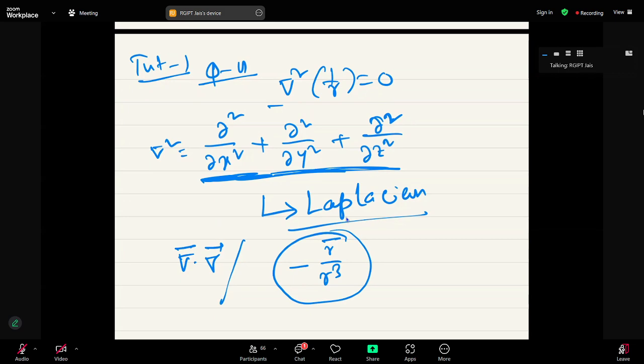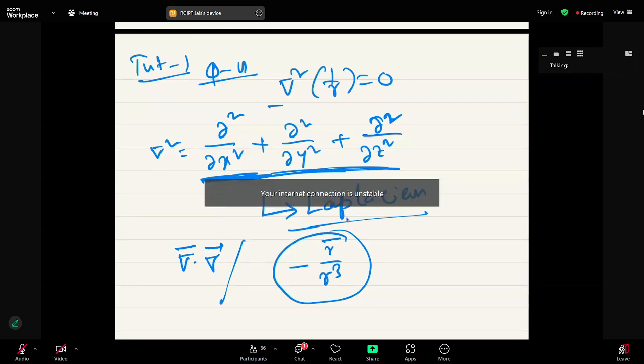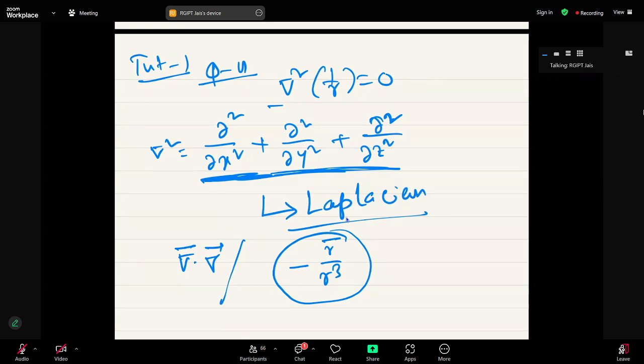Yes, it will be 0 at least. Okay, let me check. This may not be 0. Let me check quickly.